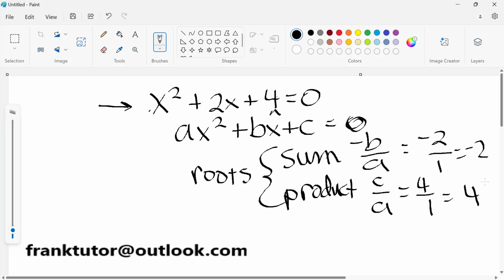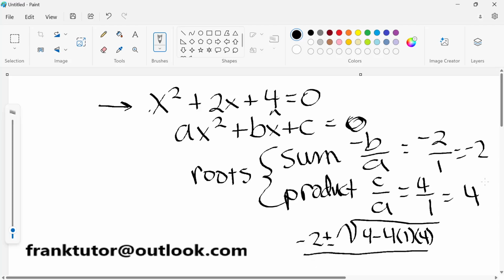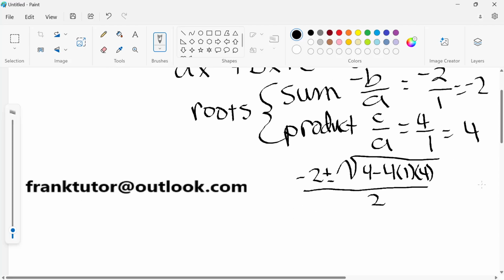It's negative b, which is negative 2, plus or minus the square root of b squared, which is 2 squared, is 4, minus 4 times a, which is 1, times c, which is 4, all divided by 2a, or 2 times 1 is 2. So this is negative 2 plus or minus the square root. Negative 4 times 4 is negative 16. 4 minus 16 is negative 12, all over 2.